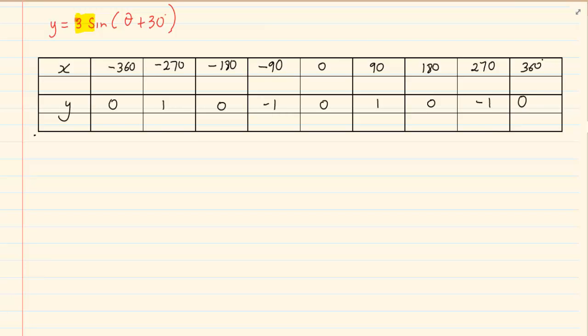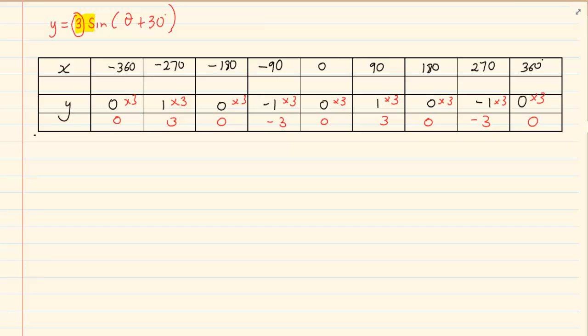Now, from your grade 10 work, we know that the 3 is an adjustment on y. So you're going to multiply the y by 3. So we multiply everything by 3. And we have 0, 3, 0, minus 3, 0, 3, 0, minus 3, and 0.